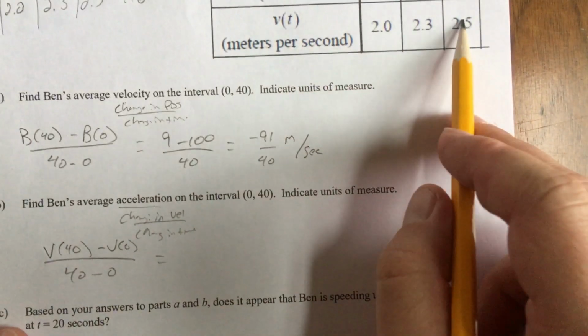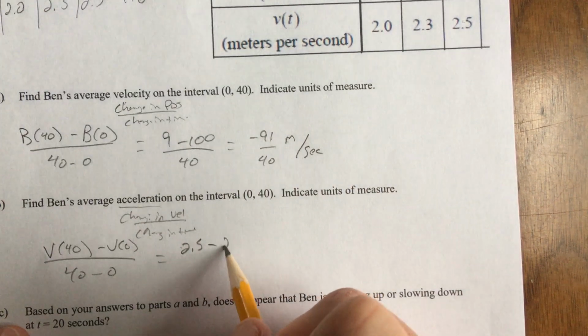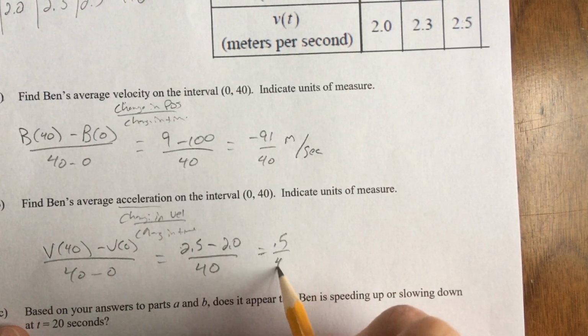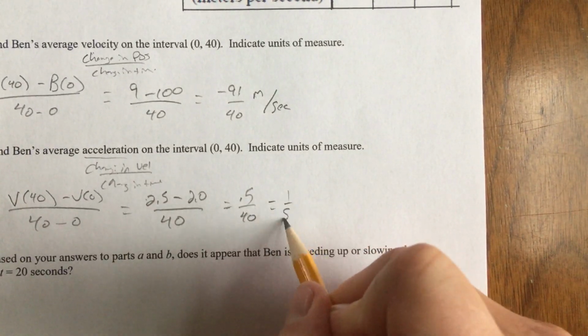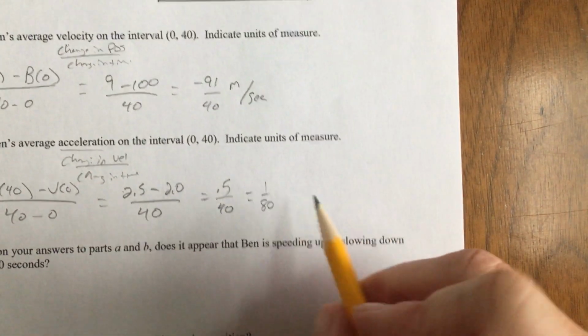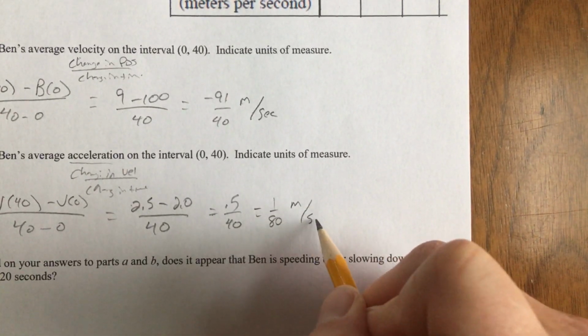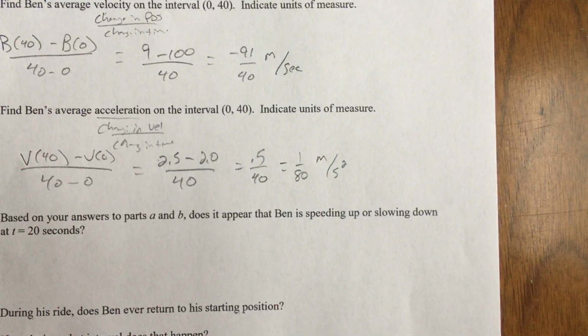My velocity at 40 was 2.5. My velocity at 0 was 2.0, over 40, so I get 0.5 divided by 40, which you can leave, or you can write as 1/80th, or you can make it a decimal if you'd rather. And because we're talking about acceleration, this is meters per second squared.